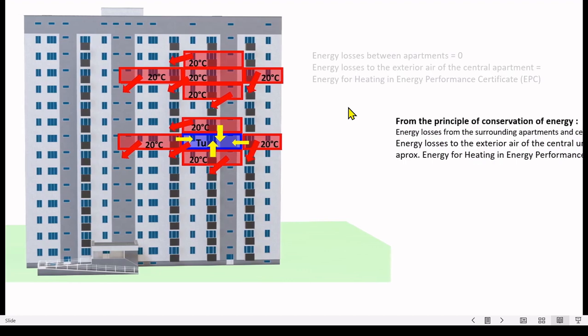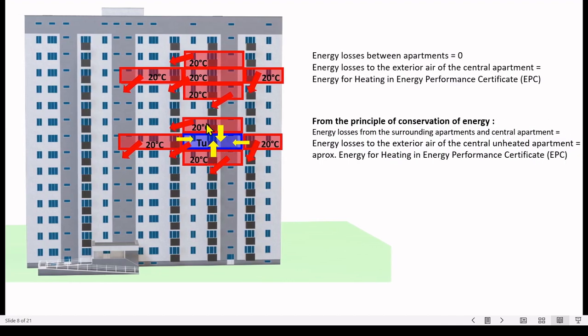The other situation is the one we spoke about before. We have an unheated apartment surrounded by four heated apartments at 20 degrees. The thermal flows to the exterior are almost equal to this one because the difference of temperature between the apartments and the exterior air is almost similar.